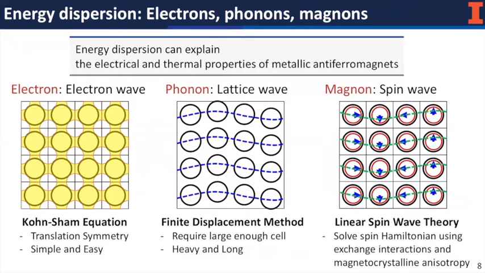A phonon is a quantized lattice wave in materials, and its dispersion relation can be calculated by the finite displacement method in DFT. And lastly, a magnon is quite similar to a phonon. It is a quantized spin wave in magnetic materials, so its dispersion can be extracted from the linear spin wave theory using the previously calculated exchange interactions and magnetocrystalline anisotropy energy.